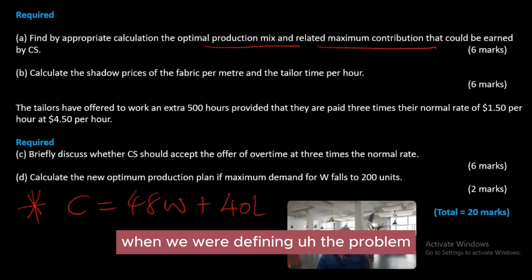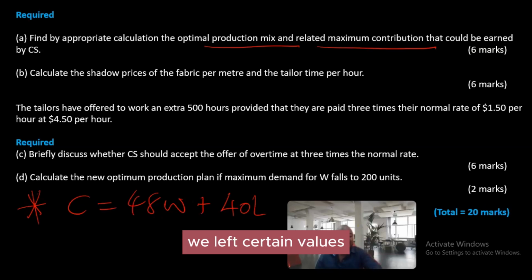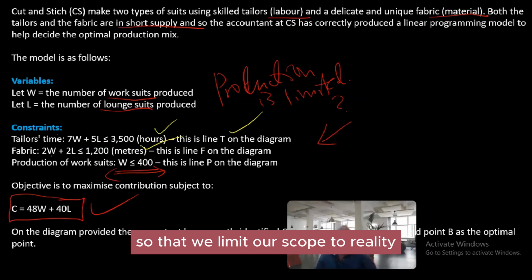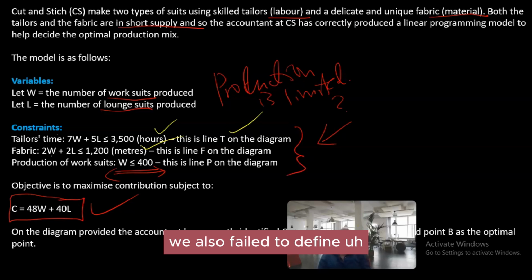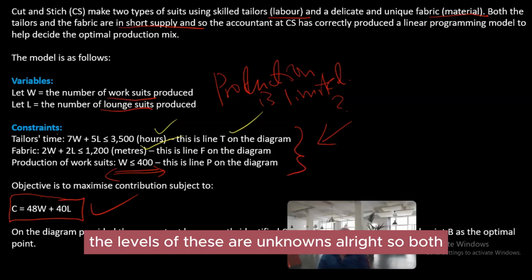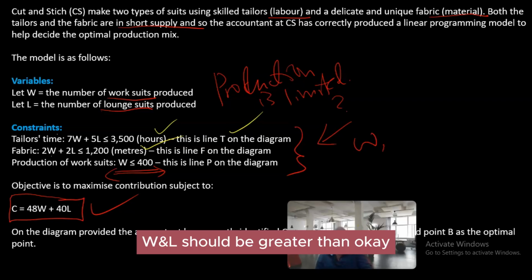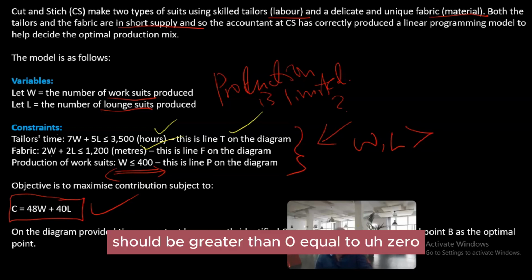However, when we were defining the problem, we left certain values so that we limit our scope to reality. When we were defining the constraints, we also failed to define the levels of these unknowns. So both W and L should be greater than or equal to 0.